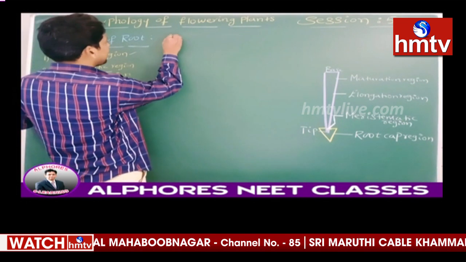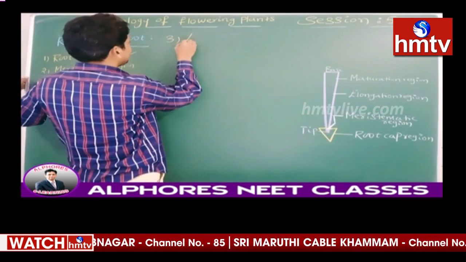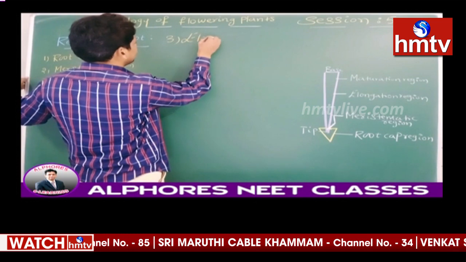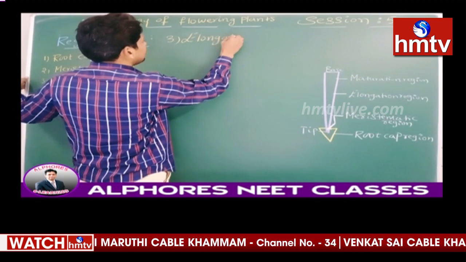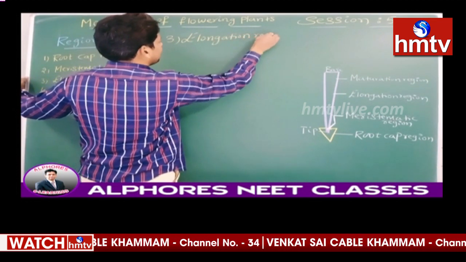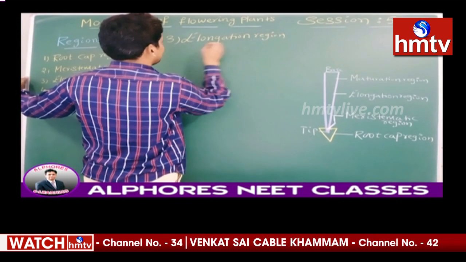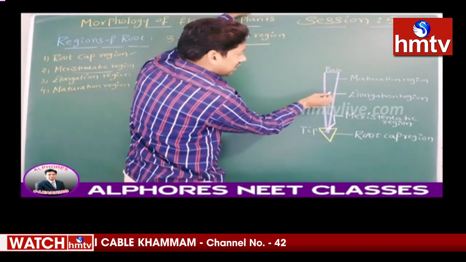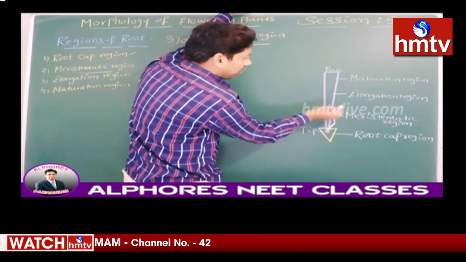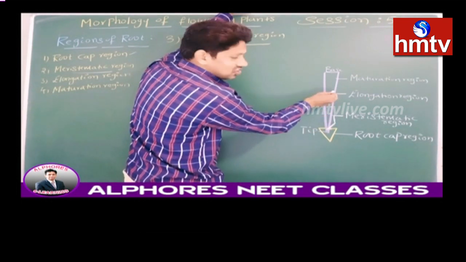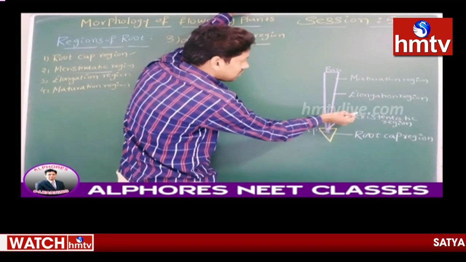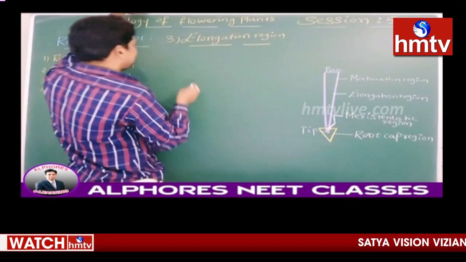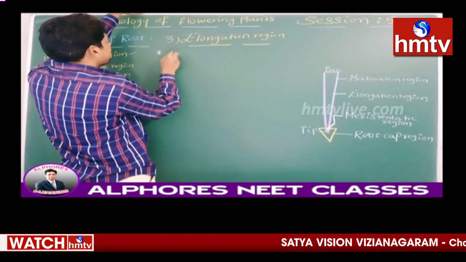Now go for number 3, the third region: the elongation region. Now see here. This is the elongation region. It is proximal to the meristematic region.